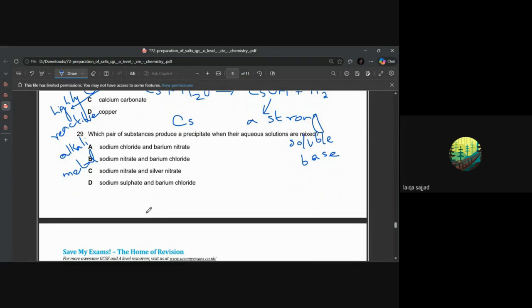Insoluble. Barium sulfate. Sodium sulfate and barium chloride. What would be the products that we will get? Barium sulfate. Very good. So option D.